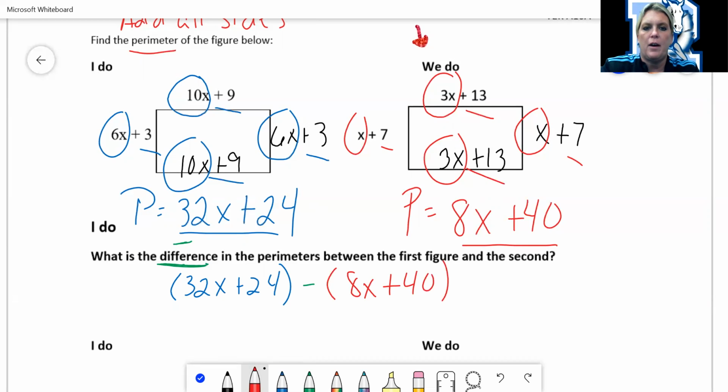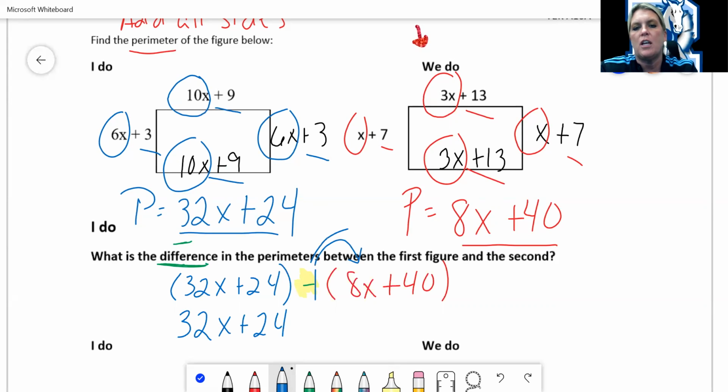Now let's simplify. Well, drop the parentheses out of the first, 32x plus 24. Then this minus right here, be very careful here. This is a -1. You have to multiply and change the sign of everything behind it.